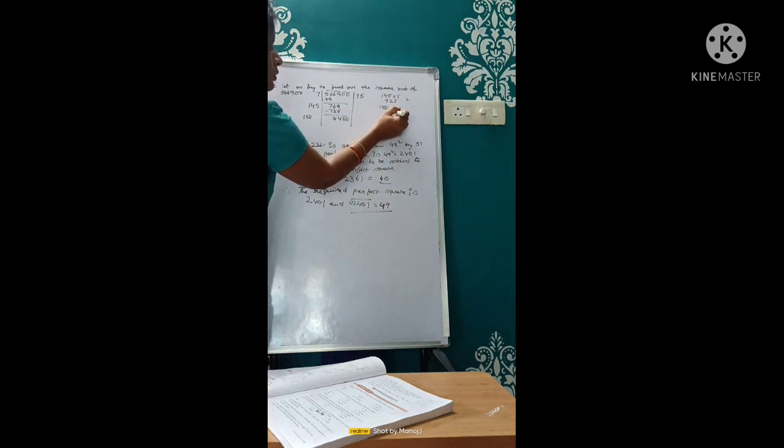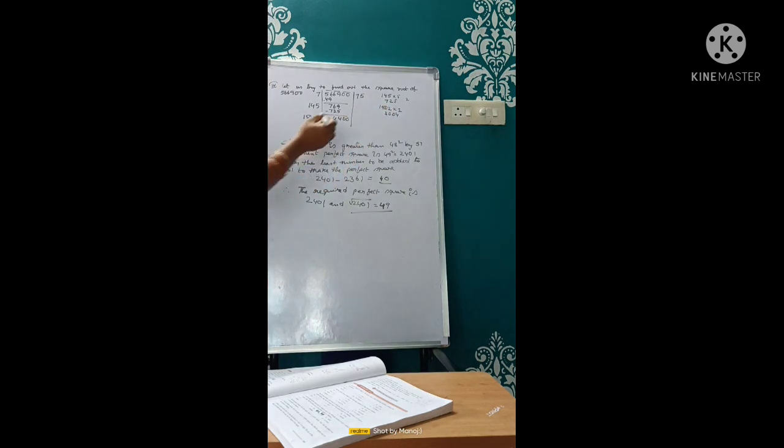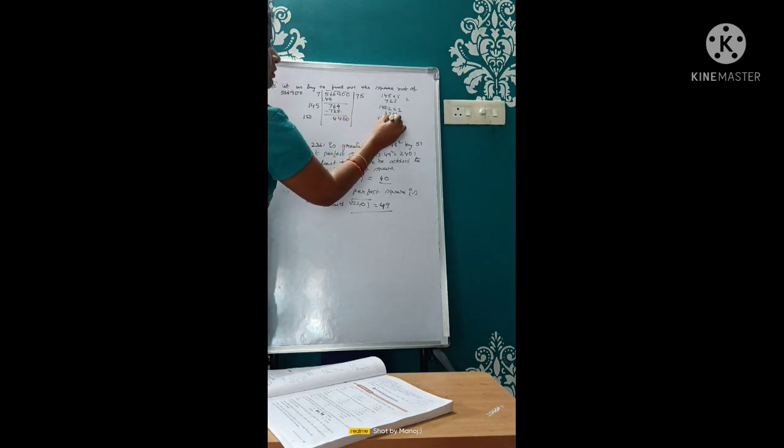So 1502. 2 5s are 10. 1 carried, 3004. Also check 1503. 3 3s are 9, 0. 3 5s are 15 plus 1, 1. 3 1s are 3 plus 1, 4.